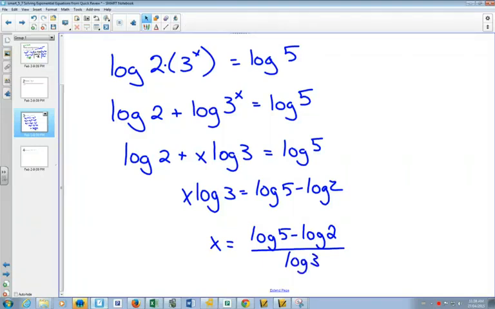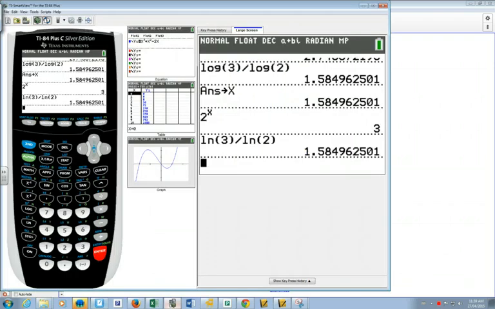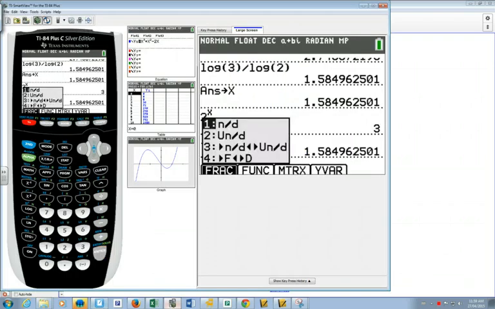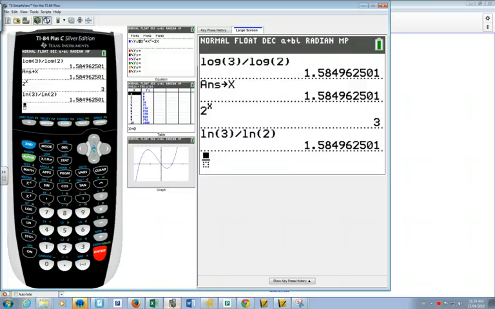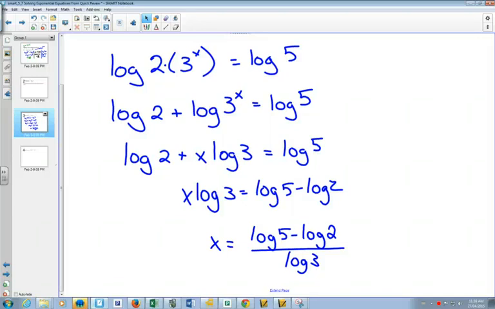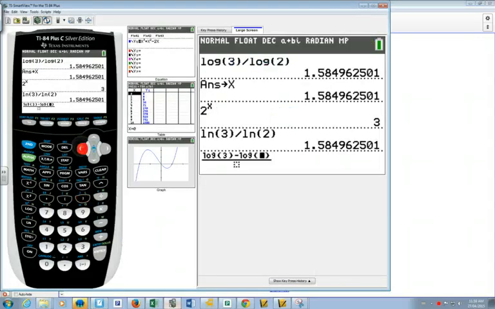Again, we're going to go to our calculator. It's good to use the fraction function if you have it. We had log 3 minus log 2, is that right? No, log 5. Log 5 minus log 2 over log 3.